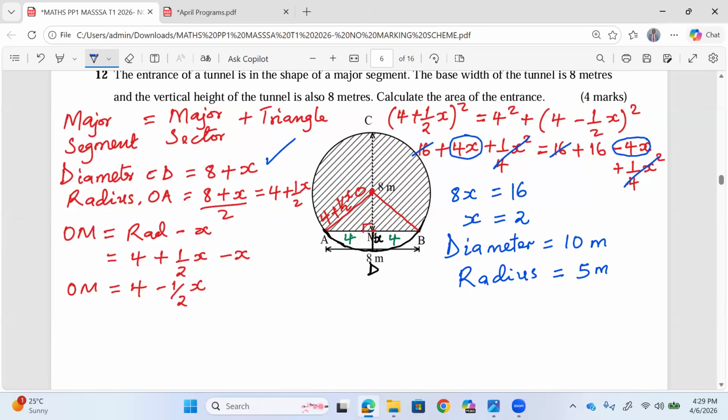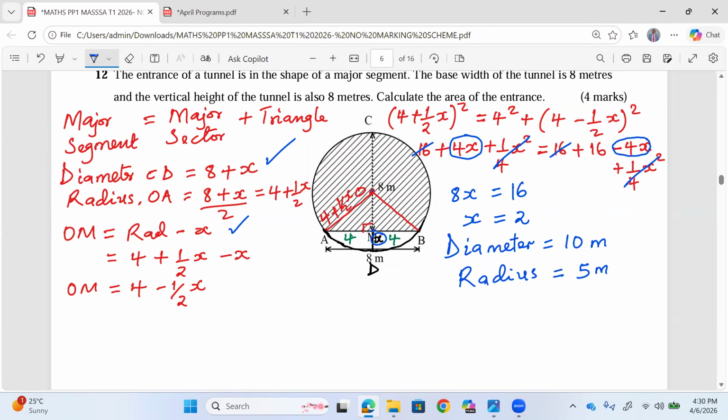So we have radius and we are having diameter. So can we agree now that the length from the center O to point M, which is here. See, the radius from O to D is 5, but the x that we had let to be here, the x at this point is 2. So the radius is 5 and this is 2.